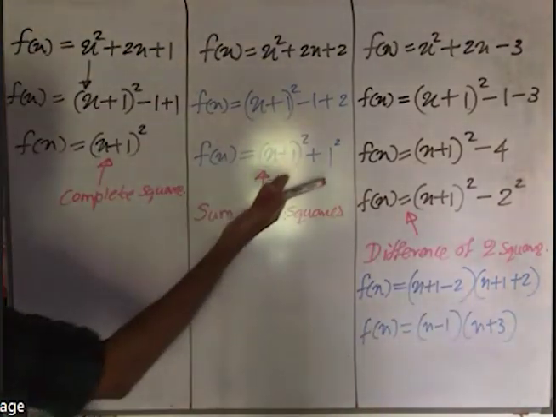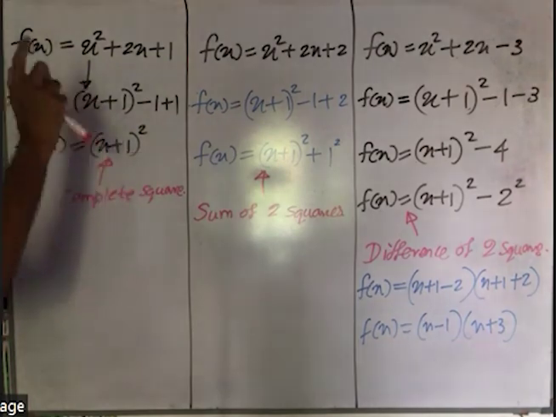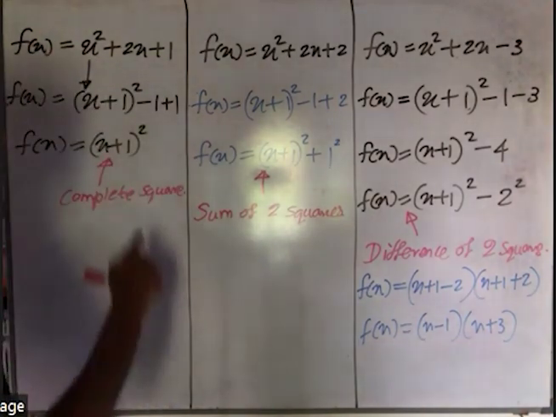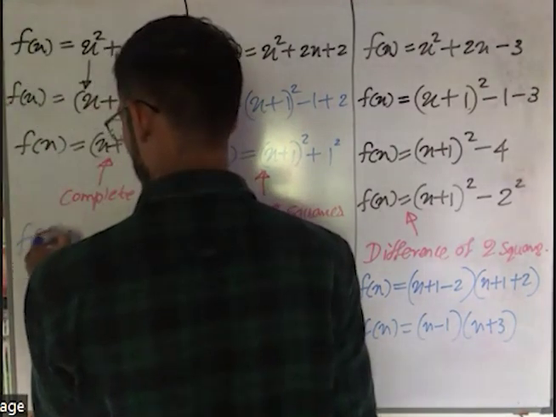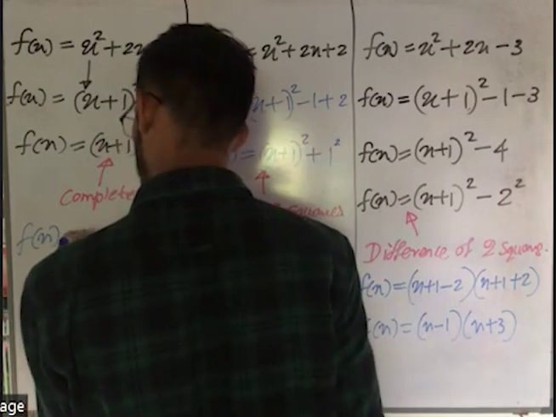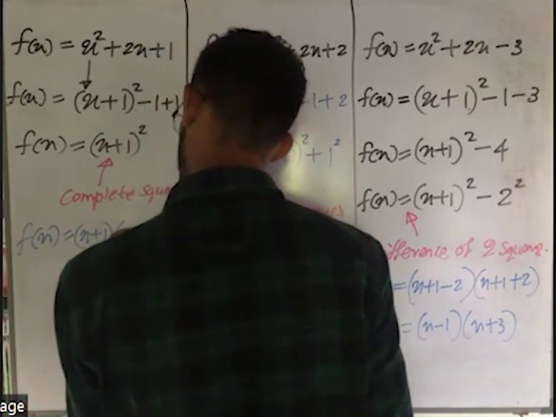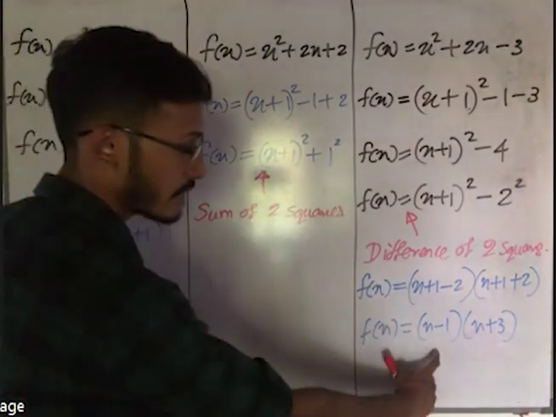So here we have two factors, x minus 1 and x plus 3. Here we don't have any factors. Here we have two equal factors, x plus 1 into x plus 1. Right? Here we have equal factors. f(x) equal to x plus 1 into x plus 1, two equal factors. Here we have two different factors.